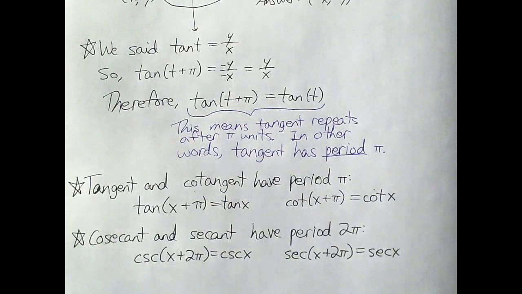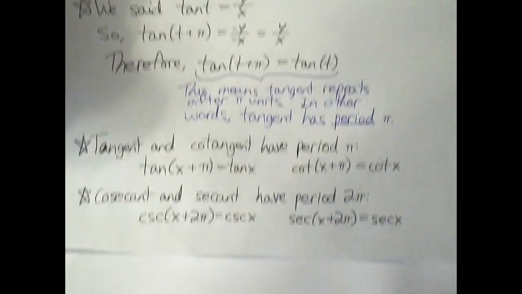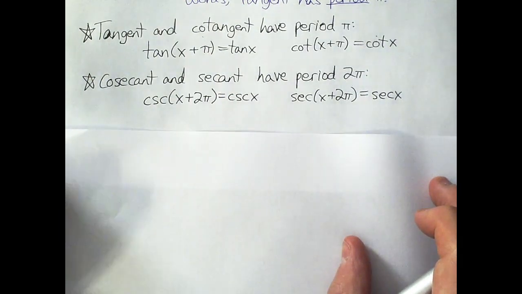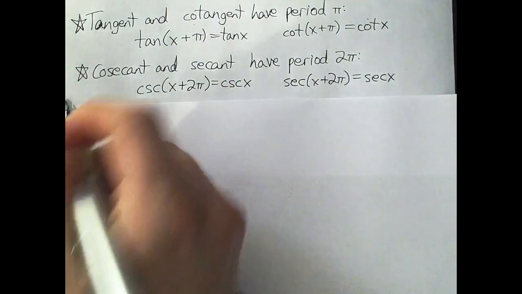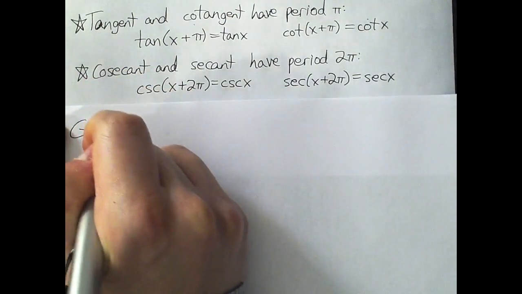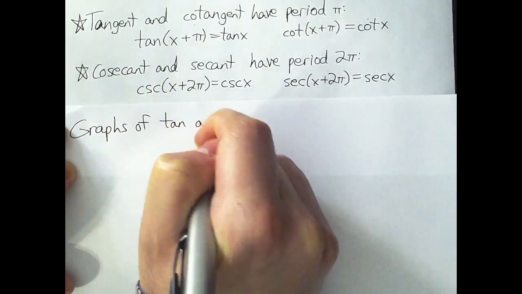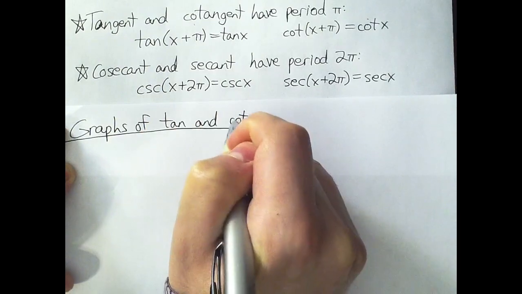Let's get a new sheet of paper and let's start drawing the graphs. And we're going to start by drawing the graphs of tangent and cotangent. And I think we'll spend some time graphing tangent. We'll focus on that one the most. So graphs of tan, and remember cotangent can be abbreviated COT.